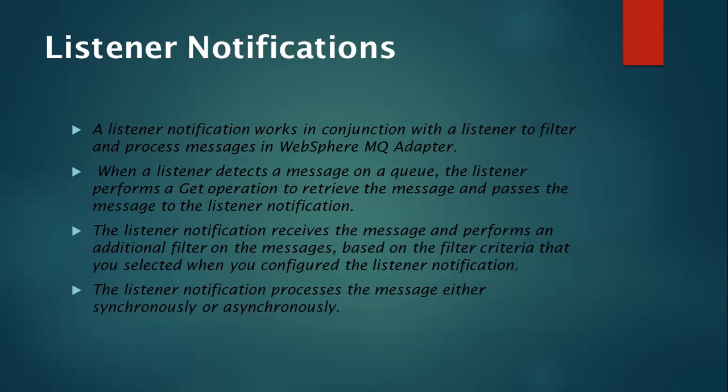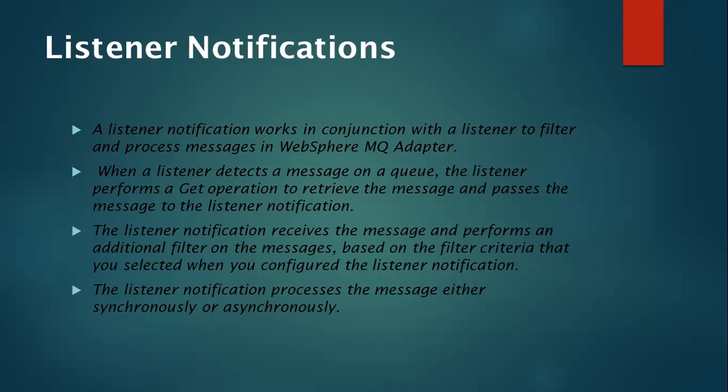The other type of listener notification processing is synchronous listener notification. It generally has a request and reply mechanism. The synchronous request document contains the message body, message header, queue manager name, and queue name properties. The synchronous reply document contains the reply message and header properties.